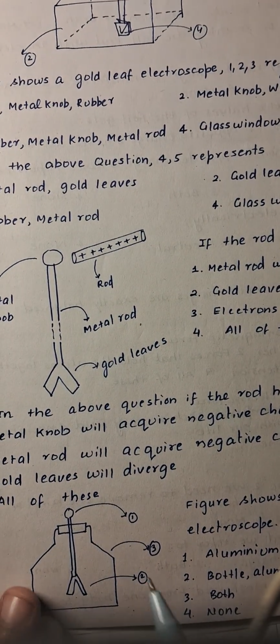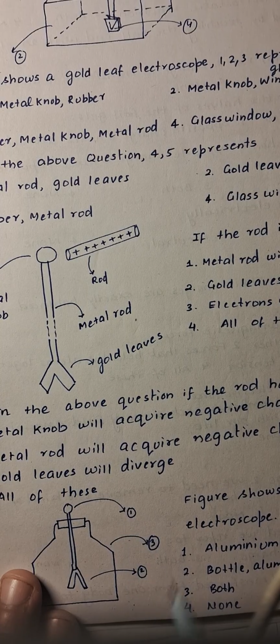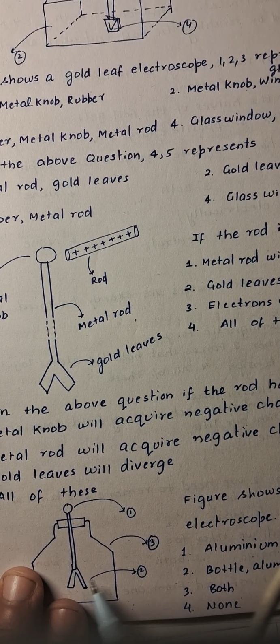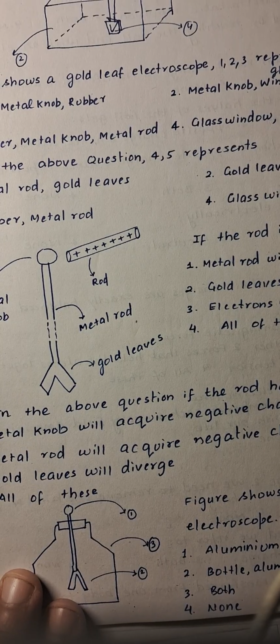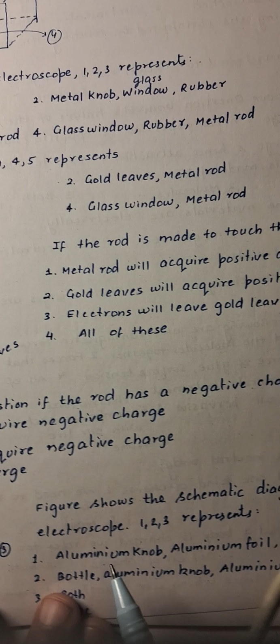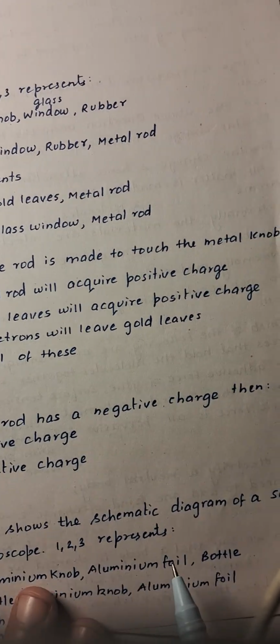So here is the diagram. 1 here represents the aluminum knob, 2 represents the aluminum foil and 3 represents the bottle. So here also the first option will be correct. 1 represents aluminum knob, 2 represents aluminum foil and 3rd represents the bottle.